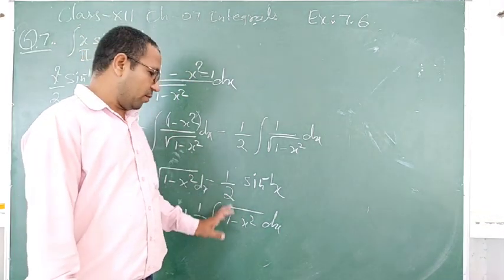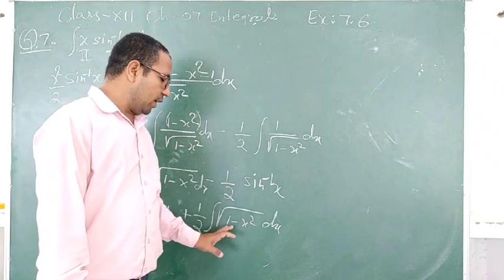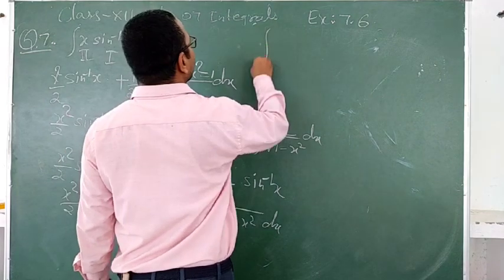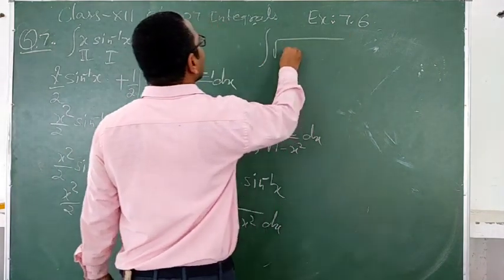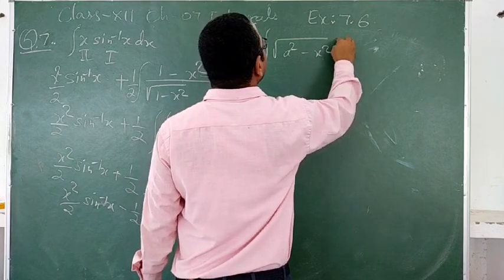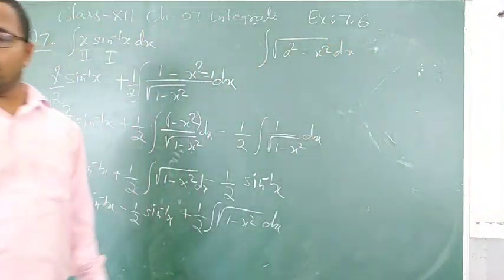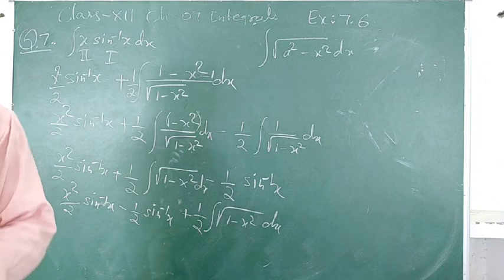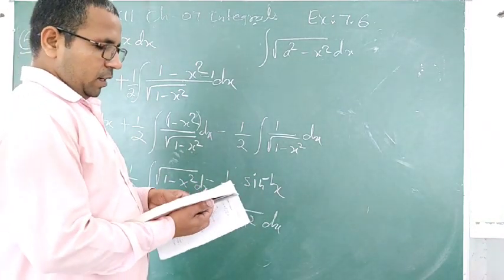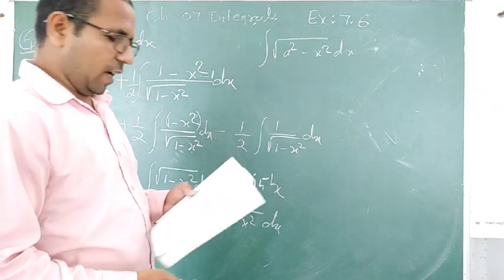So what is the formula of this one? Root a square minus x square. There is some formula, that is the integral of root a square minus x square dx. So let's see here this formula. Integral of root a square minus x square is given on page number 329.